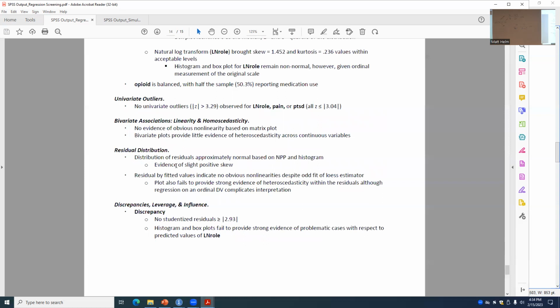But it's residual by fitted values, that was our first graph. No obvious non-linearities, despite that odd Loess estimator that we had. But we're saying this plot fails to demonstrate strong evidence of heteroscedasticity within the residuals.